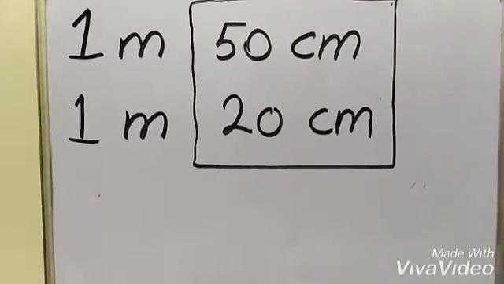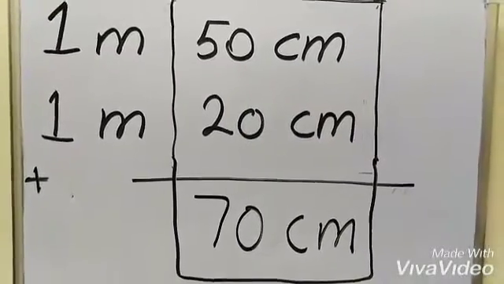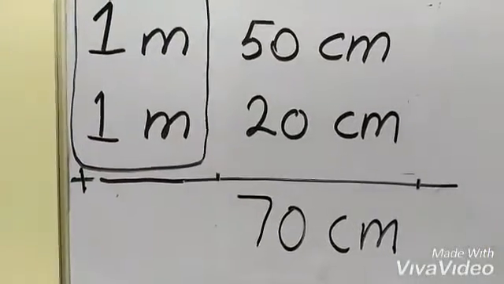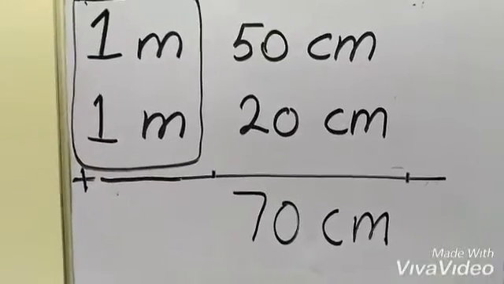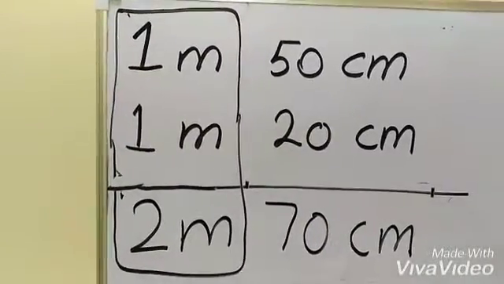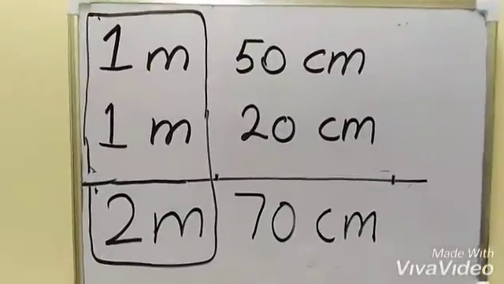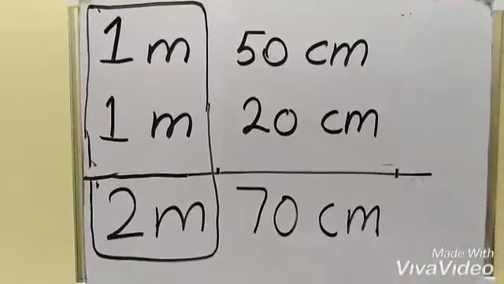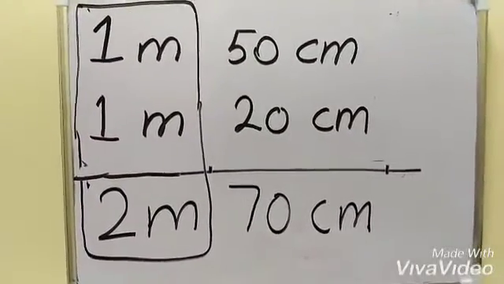Then we add the meters. So 50 centimeters plus 20 centimeters equals 70 centimeters. In step number 2, we will add the meters. 1 meter plus 1 meter equals 2 meters. So we can say that he used 2 meters and 70 centimeters of cloth to make the shirt and the t-shirt.